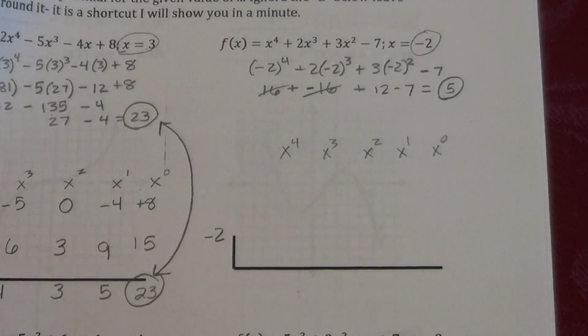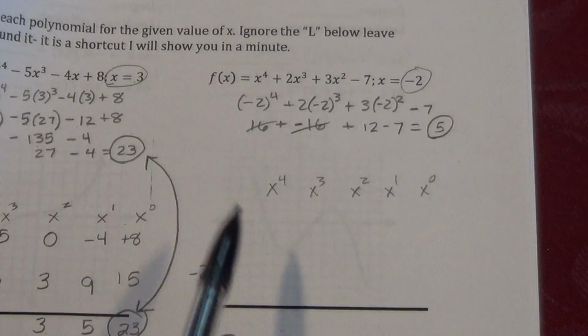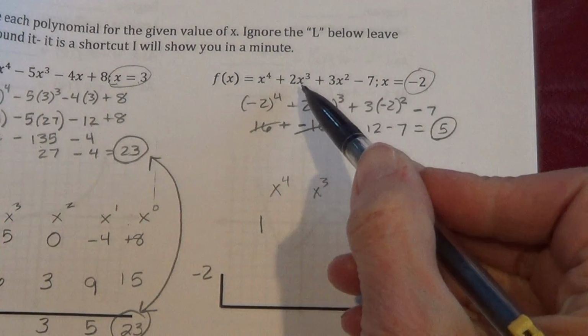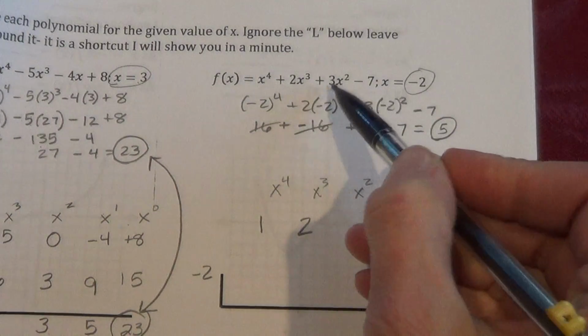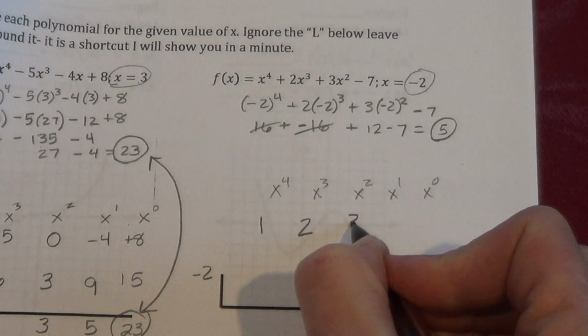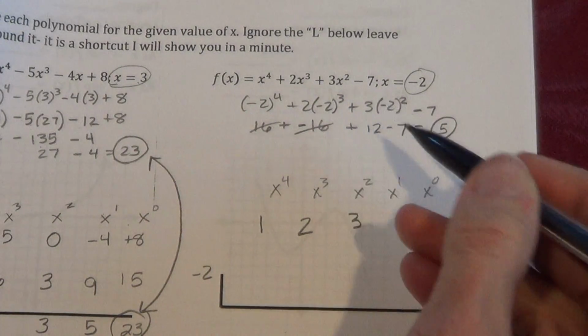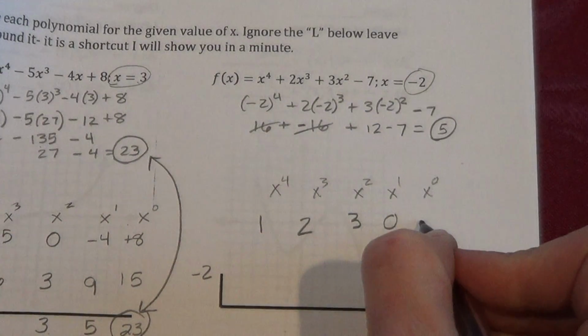And now we bring down the coefficients. X to the 4th has a coefficient of 1, so we bring a 1 down here. X to the 3rd has a coefficient of 2, bring a 2. X squared has a coefficient of 3. X to the 1st, we don't have an x to the 1st up here, so we write a 0. And then our constant is -7.